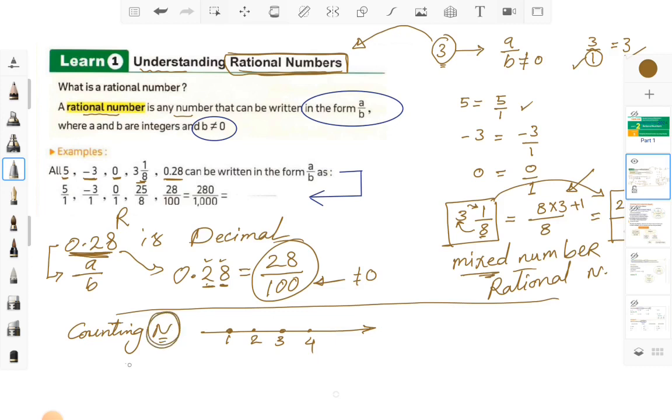The letter C is the abbreviation for counting numbers.